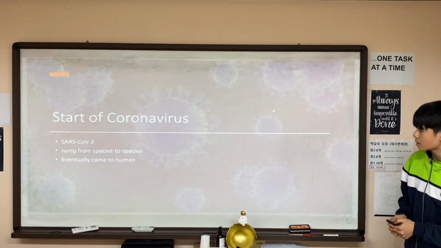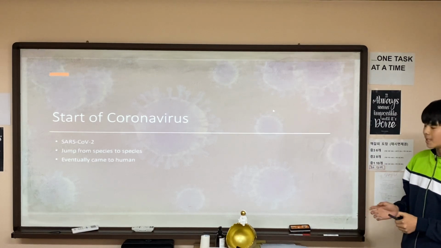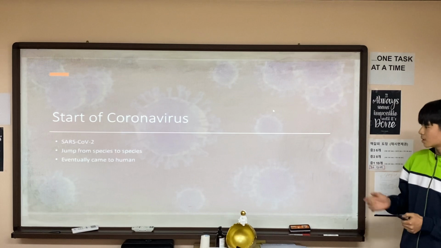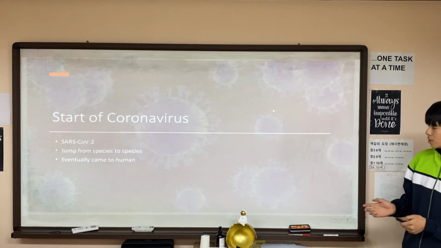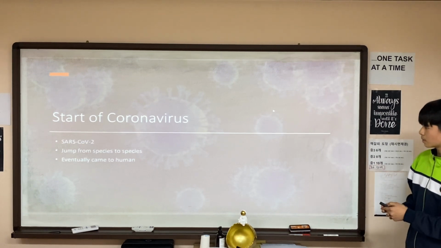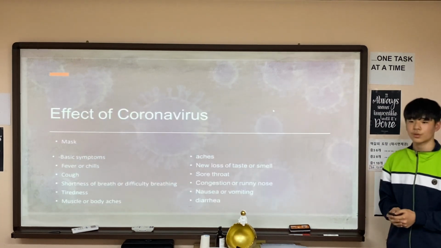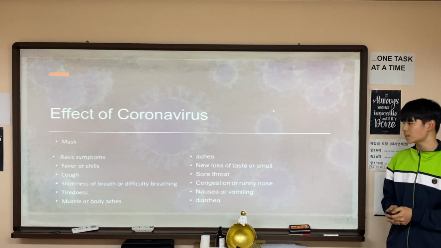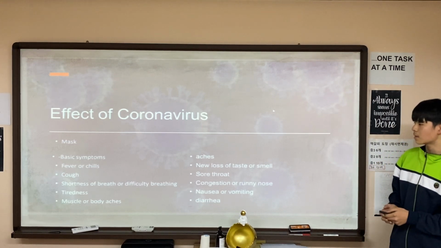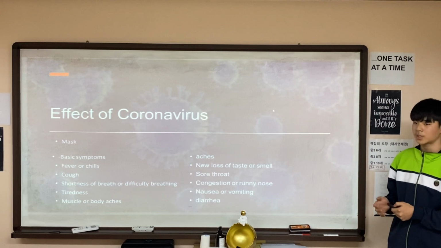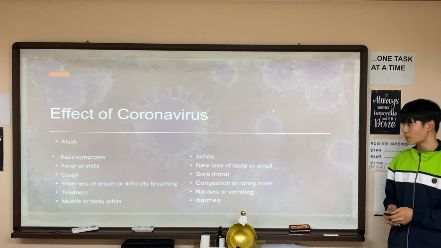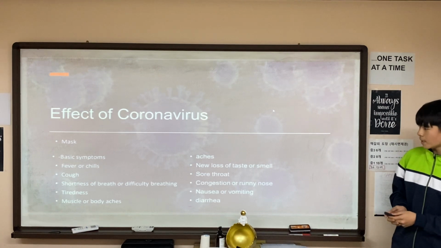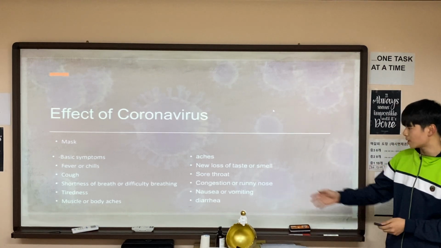The person got it after eating a food because the coronavirus jumps from species to species between mammals and birds, and it eventually comes to human. And the second way is through the mouth, nose, or eyes. So to prevent the coronavirus from getting into your body, the first method that our society came up with was to wear a mask. The basic symptoms of coronavirus is right here.